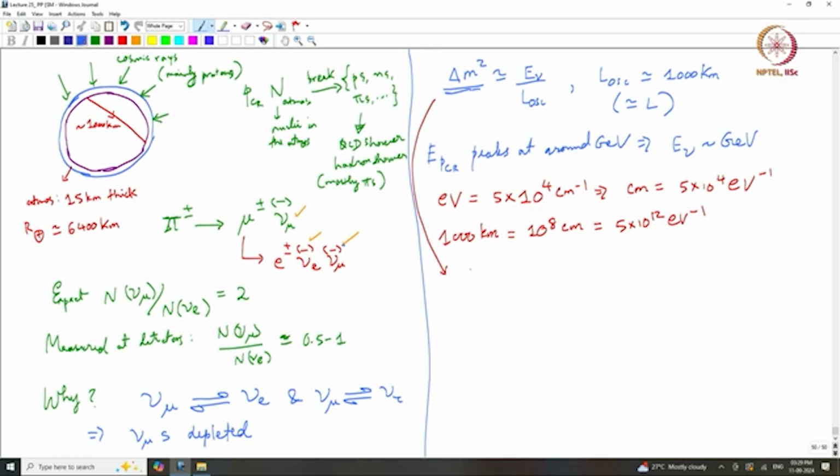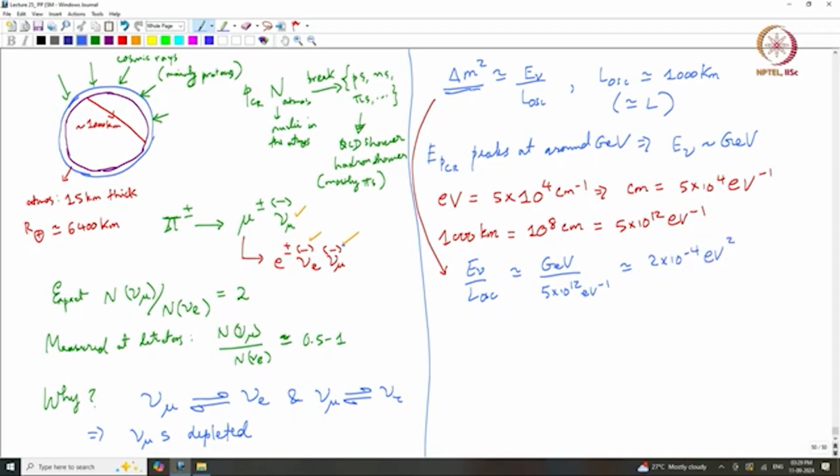This is now E nu over L oscillation, which is GeV over 5 times 10 power 12 inverse electron volt. What is a GeV? 10 power 9 electron volt. So that would give me 2 times 10 power minus 4 electron volt square.